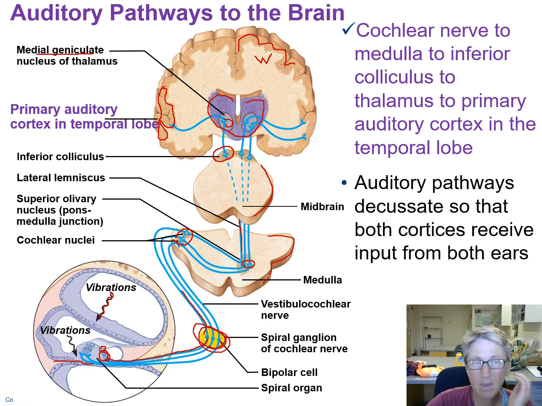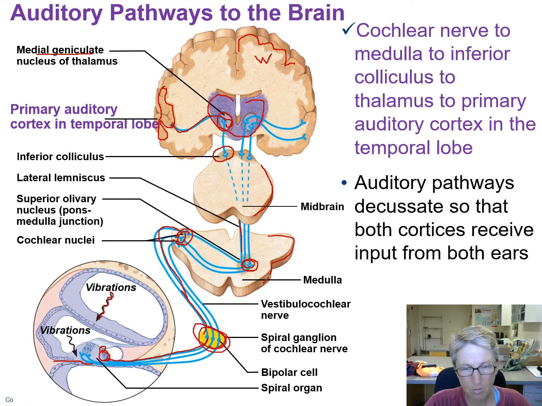and then that information, to get to the primary auditory cortex in the temporal lobe, will travel here to the medulla. You synapse. Got some synapsing here. You've got some synapsing up here in the thalamus. Then finally, that information about what you heard goes to the primary auditory cortex in the temporal lobe. So the cochlear nerve to the medulla.